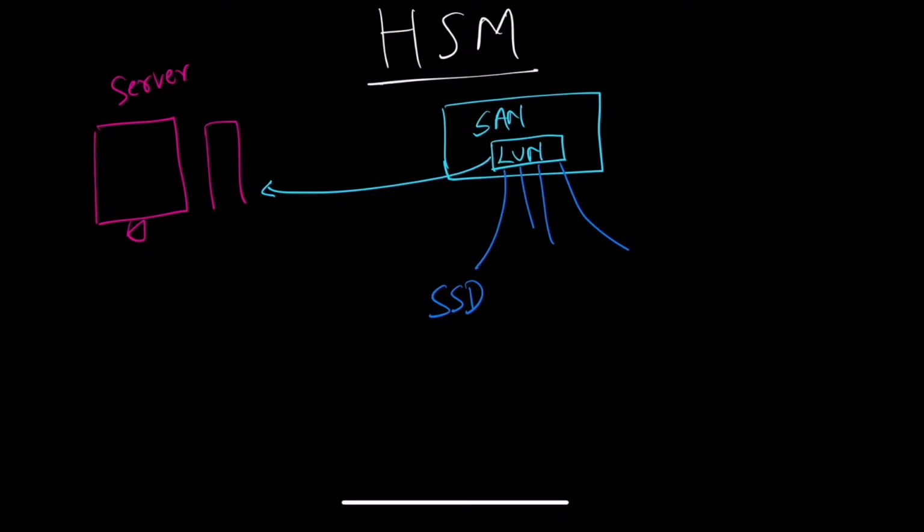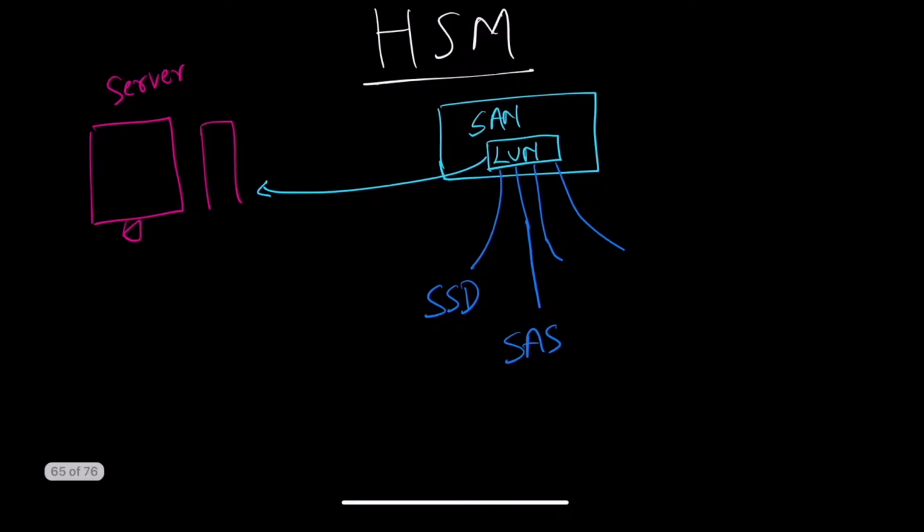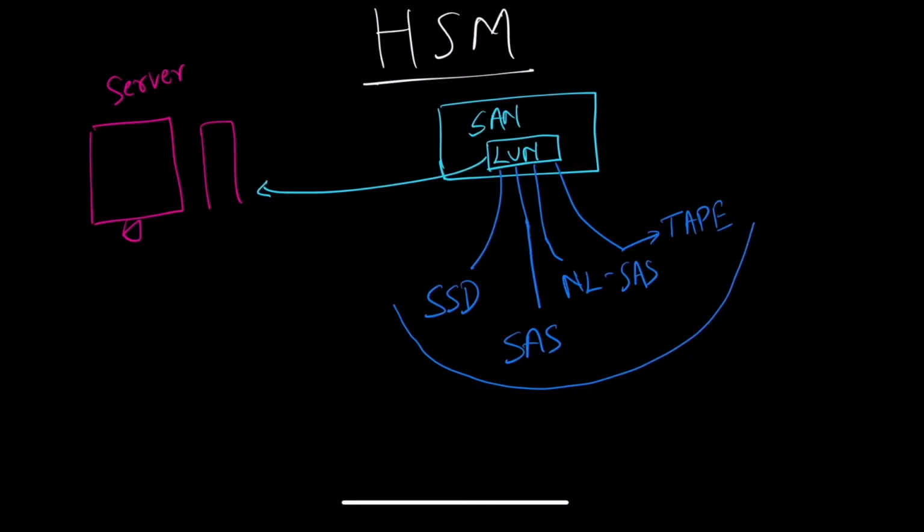which is one of the most expensive ones, and maybe then it's also using serial attached SCSI, SAS disk, nearline SAS disk, and maybe a tape. Now, if you look at the cost spectrum of all these storage options that we have, SSD happens to be the most expensive and most performant.